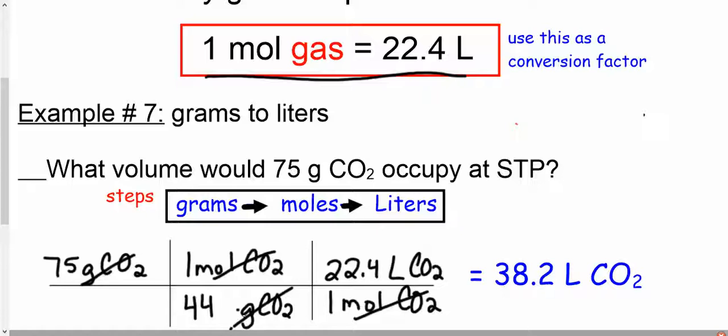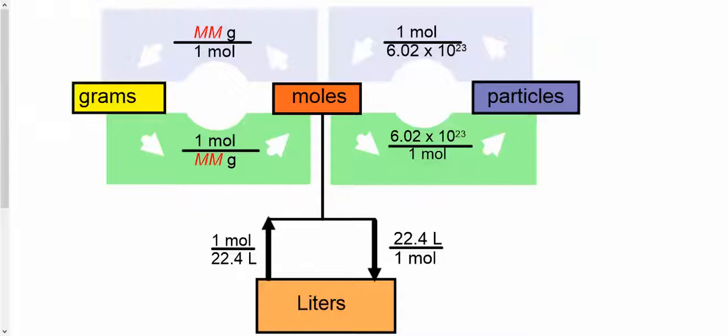So now we add to our diagram showing liters. Notice that moles is central. If I want to go from liters to particles, I will use this conversion factor to get me to moles, and then follow this arrow, use this conversion factor to get to particles.